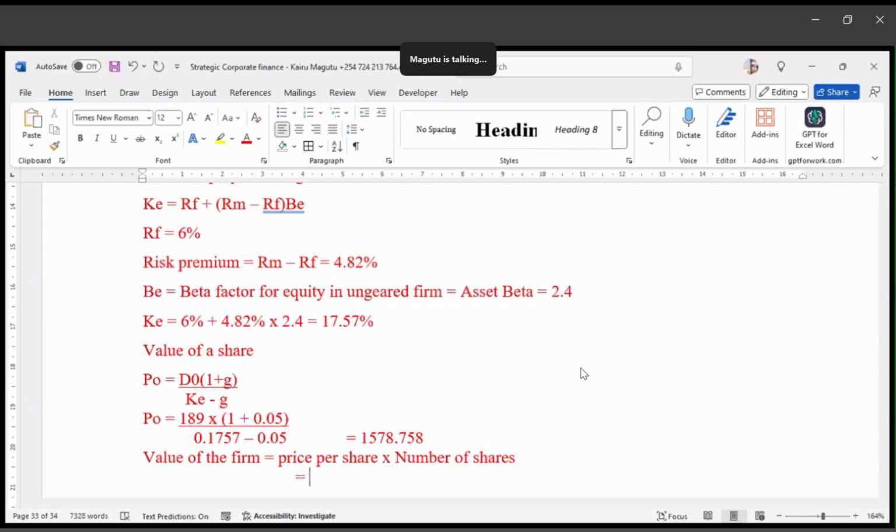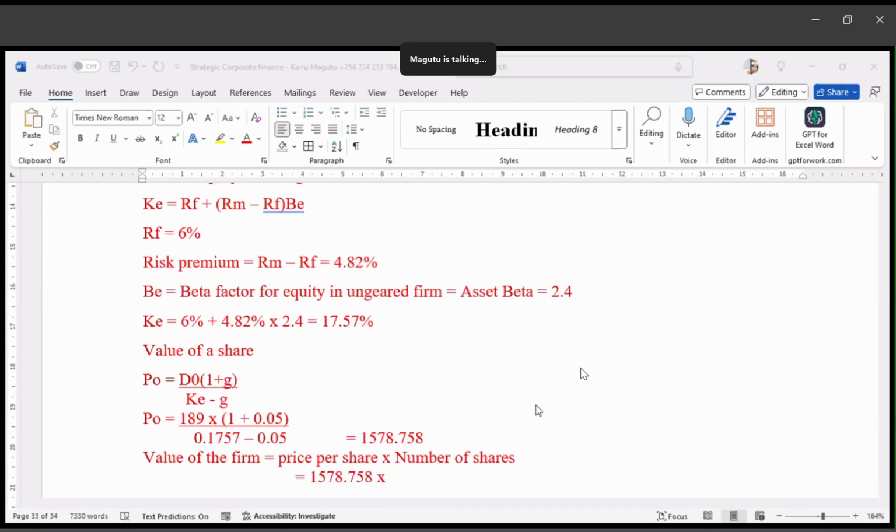So the price per share is this one. We multiply by the number of shares. Do we have the number of shares from the question? Are we given a number of shares somewhere? Check.